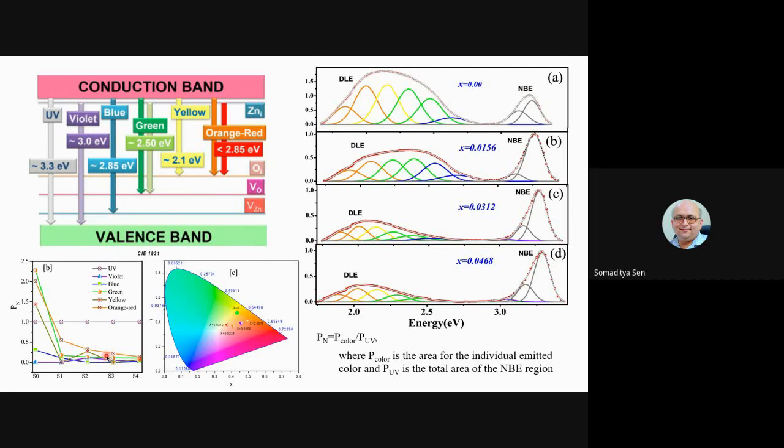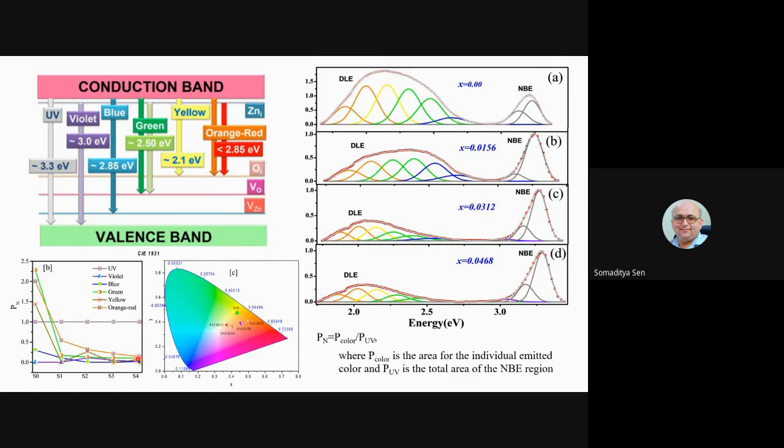So we compared the other transition probabilities with respect to the transition probability of a band-to-band transition, and we have seen that with this substitution, all the other defects have really become less. This is very interesting.